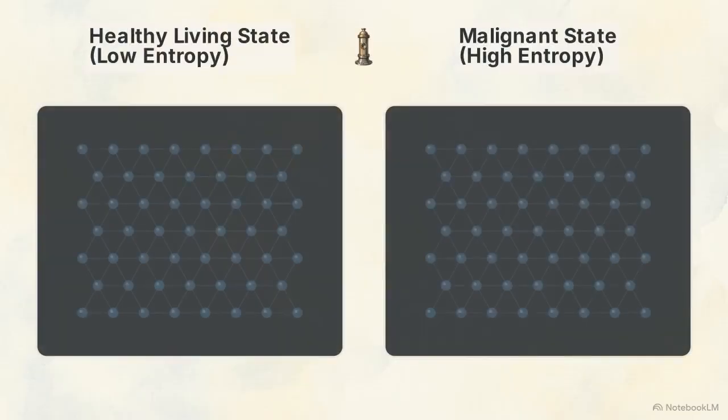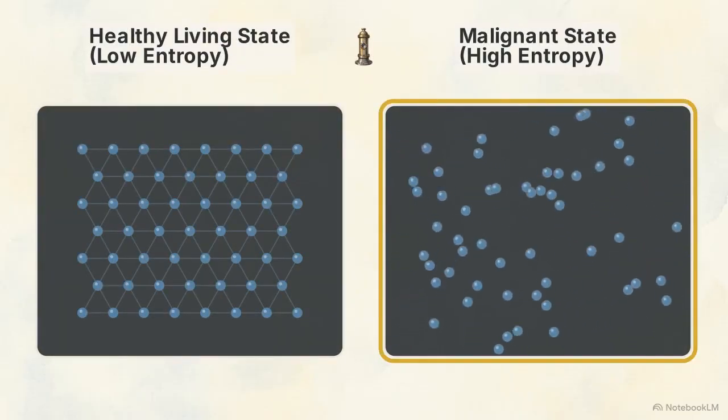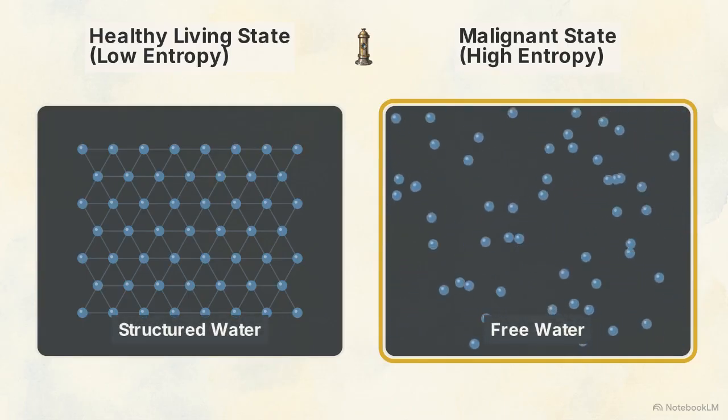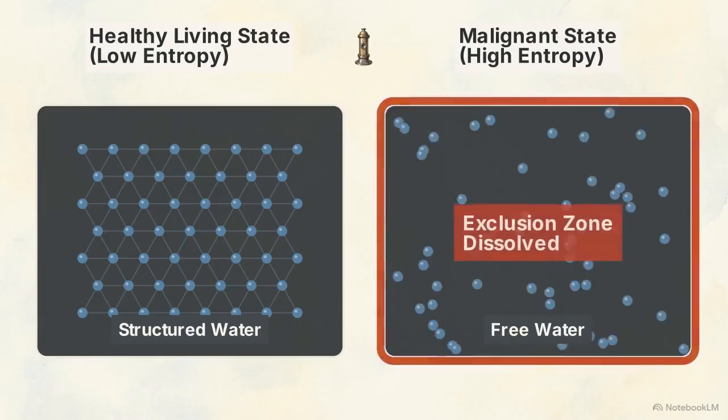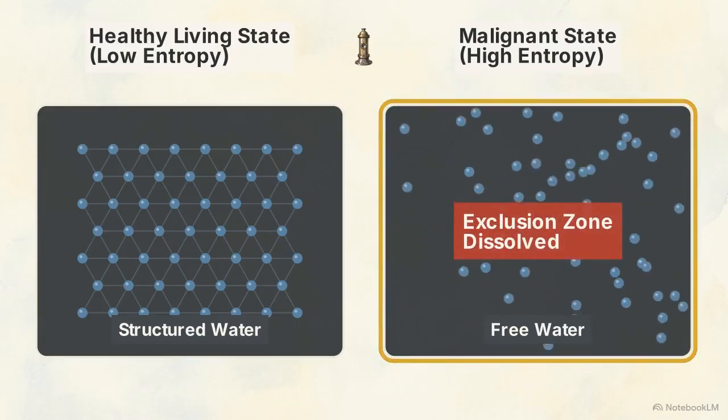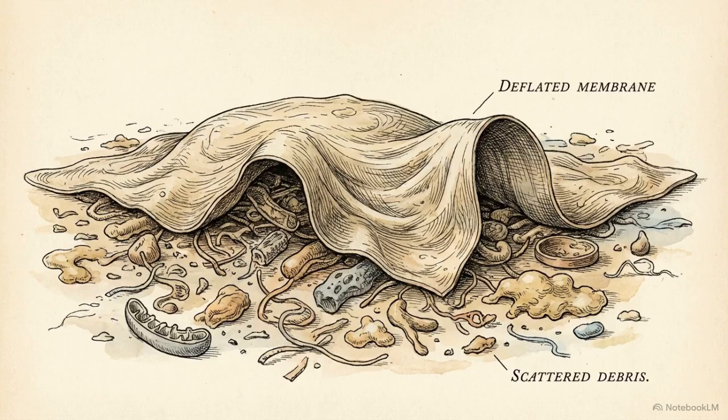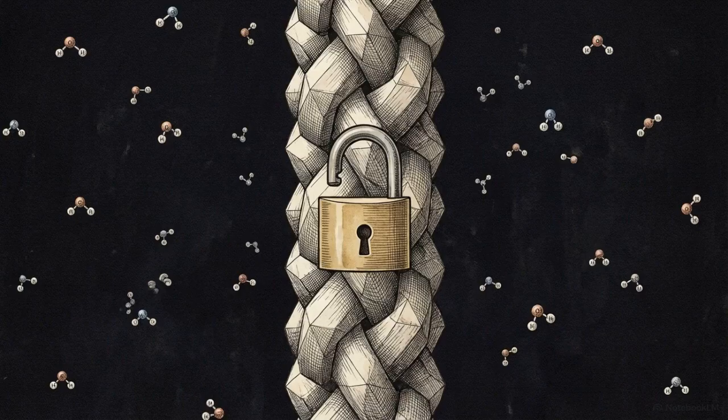Scans of malignant tissues consistently show a profound increase in chaotic, highly entropic free water, proving that the structured exclusion zones have dissolved. Disease states and cellular senescence are defined by a loss of physical coherence. The cell loses its shape because it lacks the metabolic energy necessary to lock its proteins and water into place.